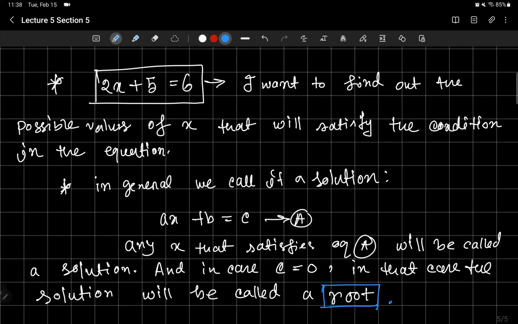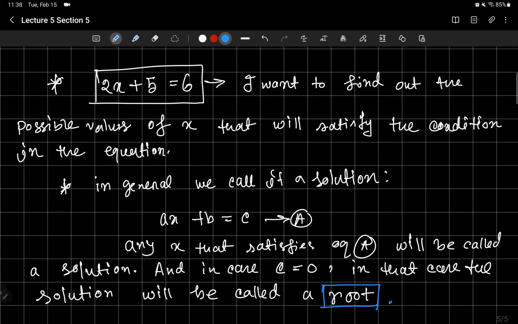Yeah, so any question regarding this definition? What I mean by a solution and what I mean by a root? Okay, so let me just give you a summary.